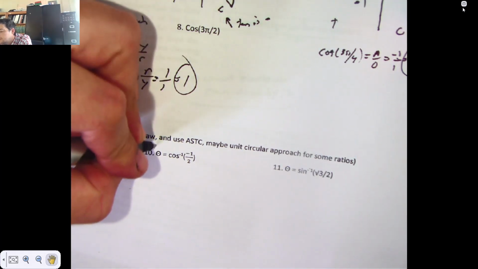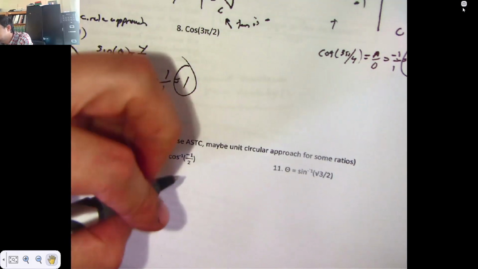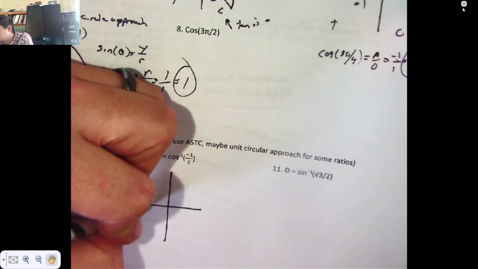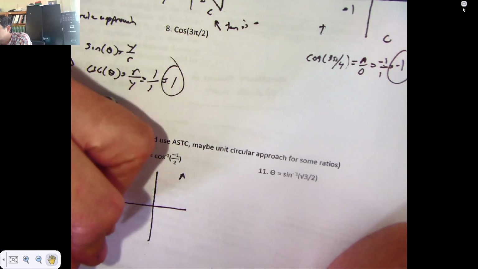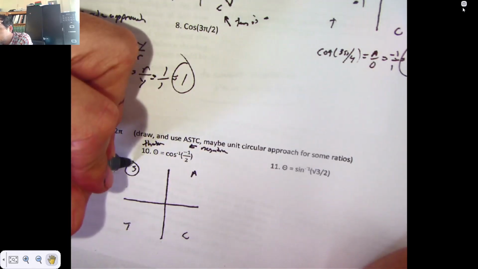It's there too. Theta is the arc cosine of -1/2. This ratio is negative. Cosine ratio is negative in quadrant 2 and 3.